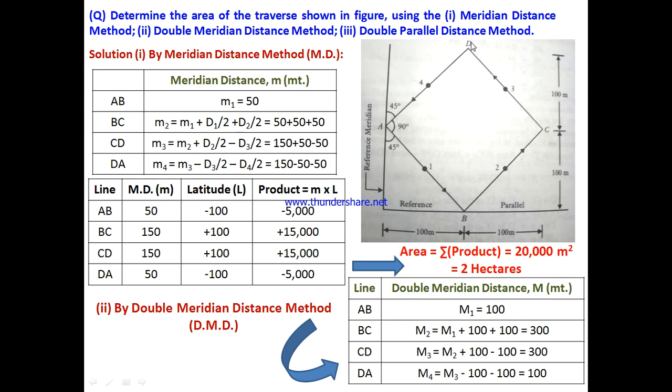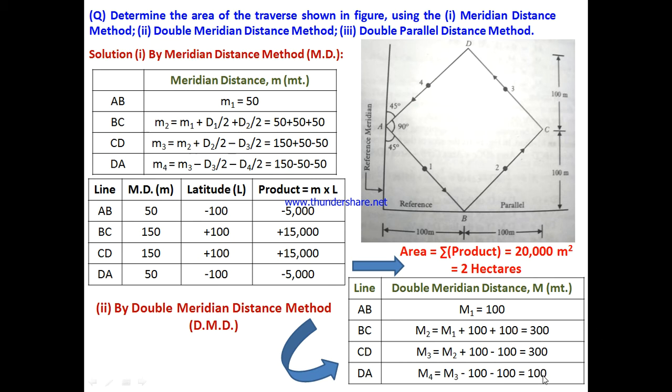In order to reach A, we just need to deduct the value, like if we are coming towards D, we need to deduct this 100 in order to reach point A. So here we did the same thing. We deducted the minus 100 value to reach point A, and in this manner we have calculated the value as 100 for M4.